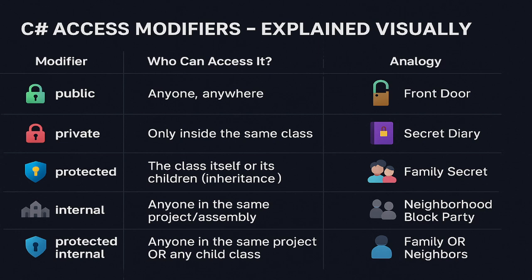Protected, accessible within the class or derived class. If the derived class exists within another assembly, you should be able to access it. Internal, within that assembly only. Protected internal, within that assembly or through the child class.